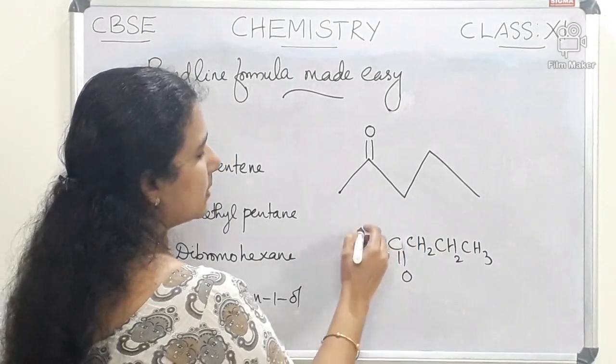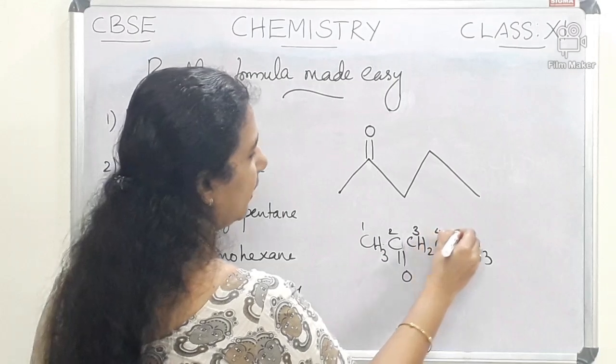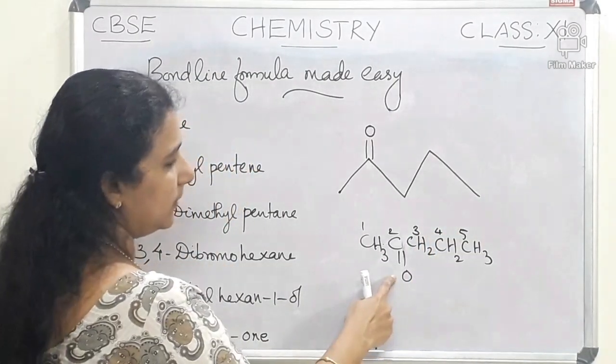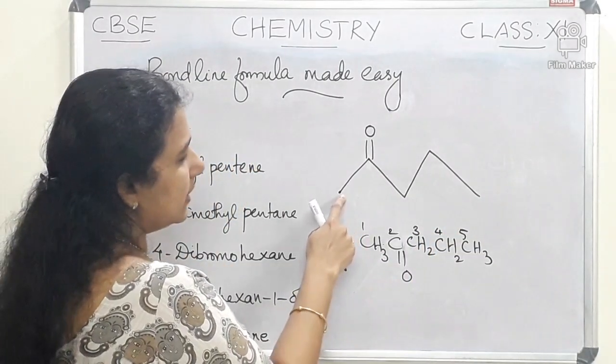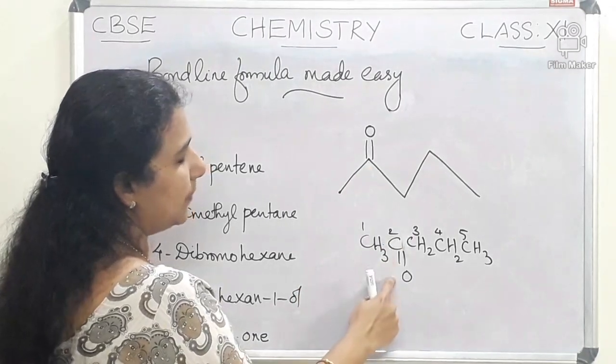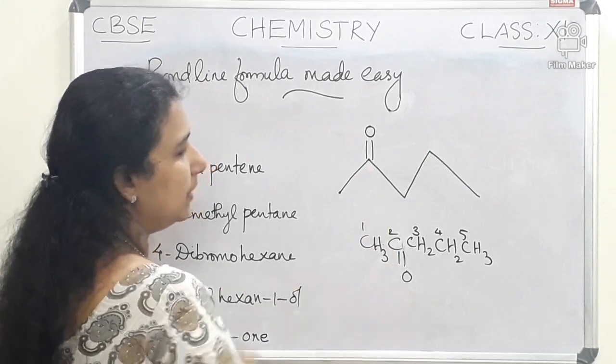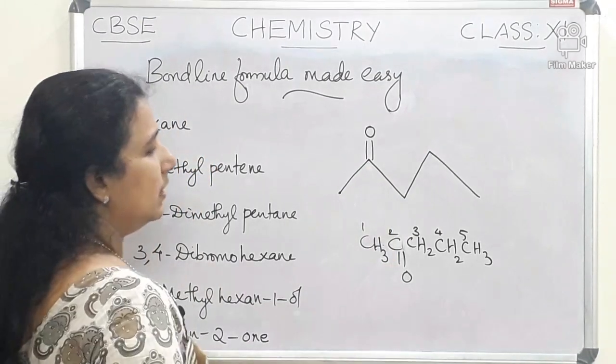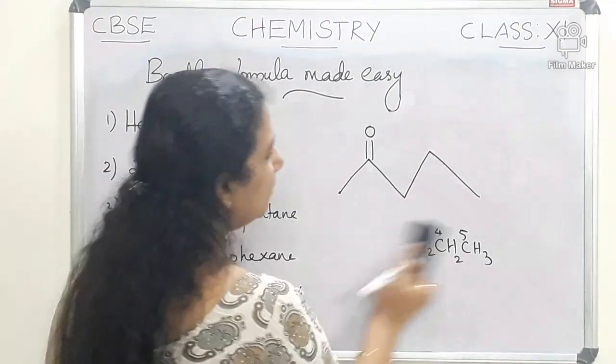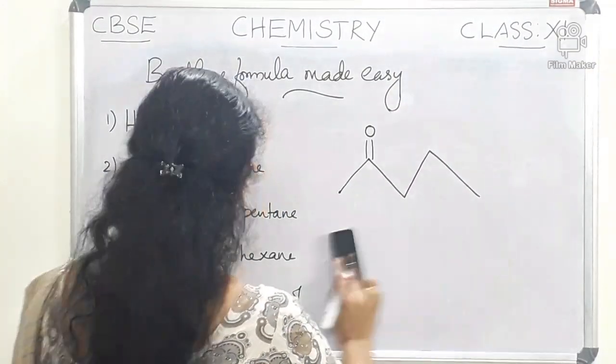So this is the second position. So this is pentan-2-one. First position is here, then second position CO group is there, and that C should not be shown and double bond O should be shown. So this is the bond-line formula of pentan-2-one.